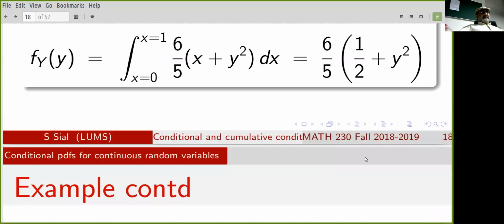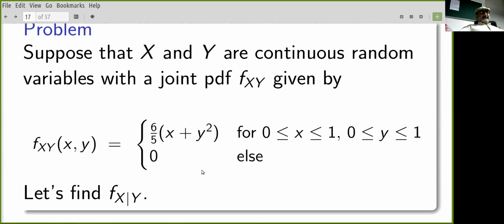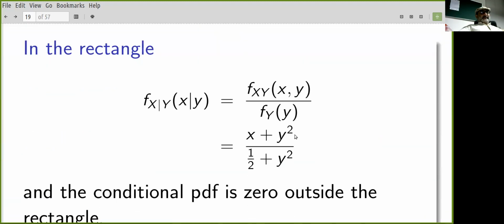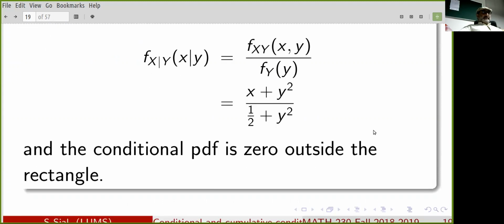So it's 6/5 times (x plus y squared) over 6/5 times (1/2 plus y squared), and 0 outside the unit square.